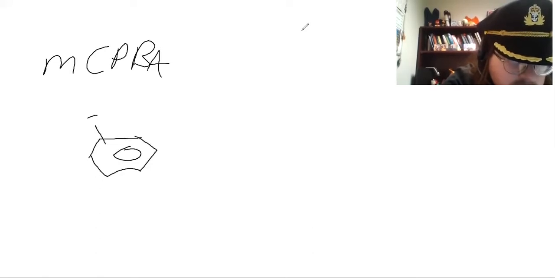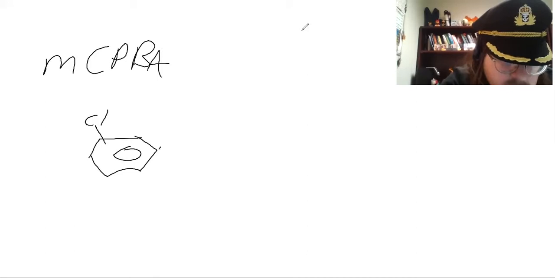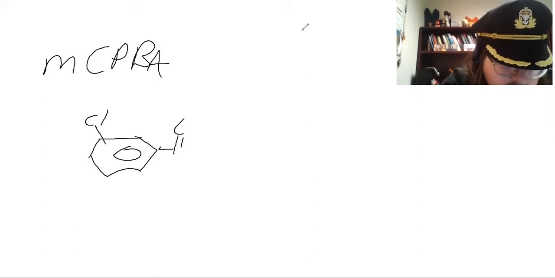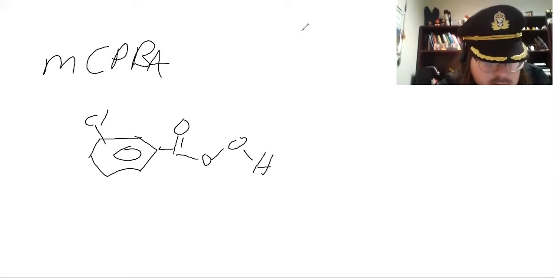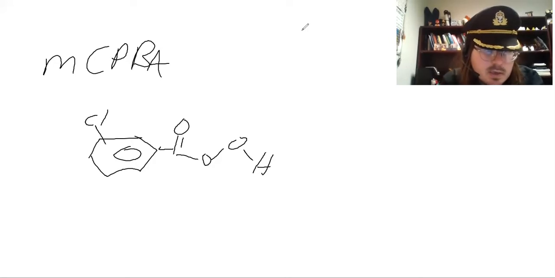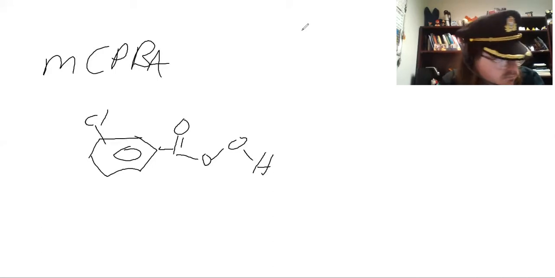So breaking down what that means. Metachloro, so there's a chlorine meta to the benzoic acid. Benzoic acid, peroxybenzoic acid, that's basically this. Metachloroperoxybenzoic acid is a very convenient, very stable peroxide that we can keep around and use, and it doesn't cause a whole lot of problems.